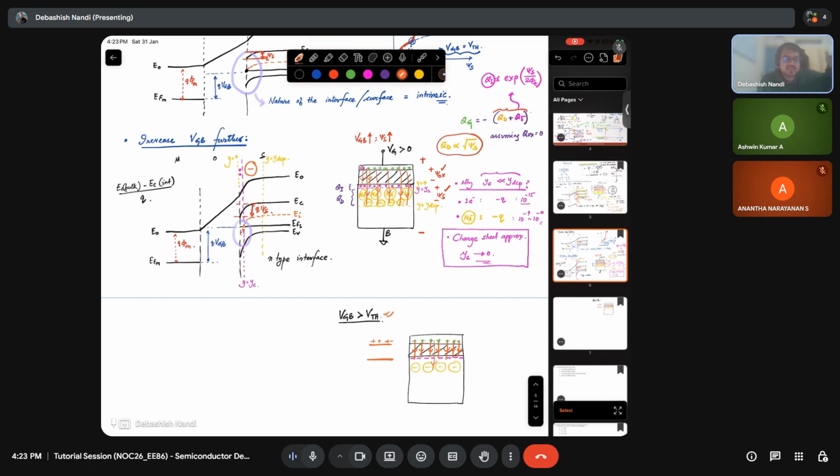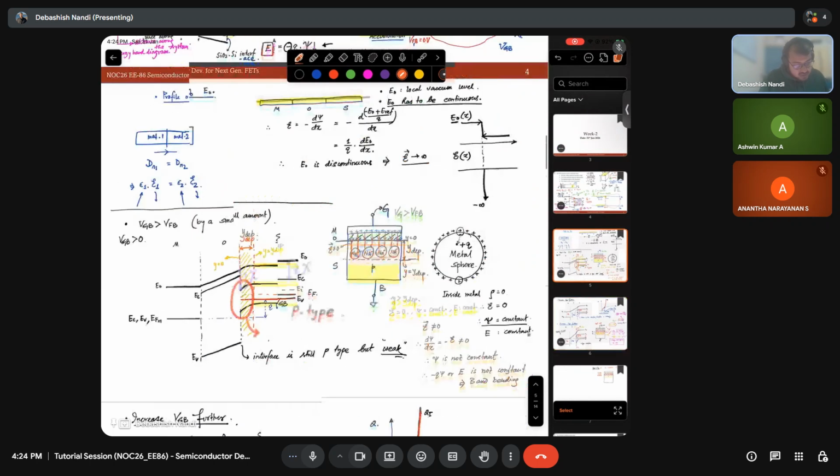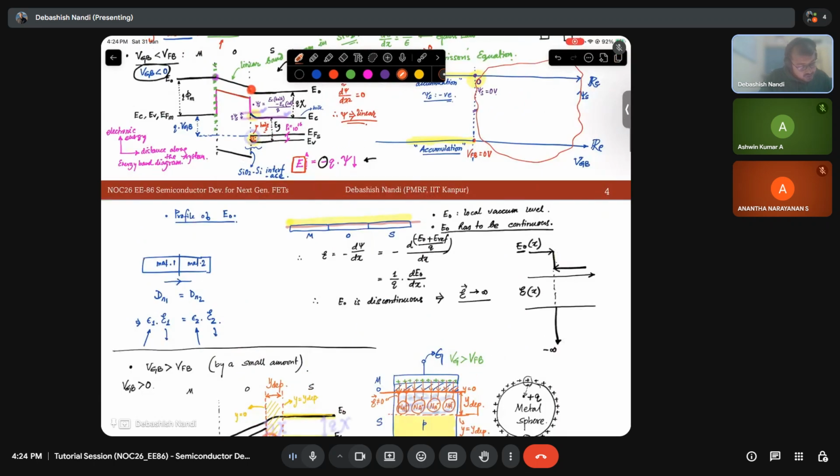One is increasing exponentially with surface potential, another one is increasing as square root. So it will be like a parallel plate capacitor, and that is why in inversion you will get capacitance equal to Cox. That will come later.